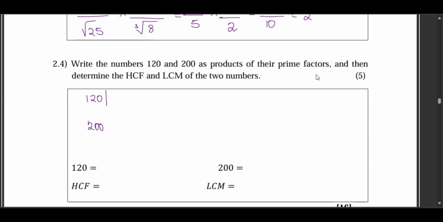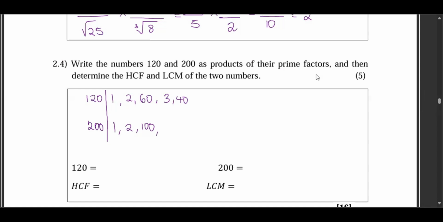we can write down all the factors of 120 and 200, which is we have 1 and 120, 1 and 200. So we have 2 and 60. Here we have 2 and 100. Then we have, here we are looking at factors. We have 3 and 40.